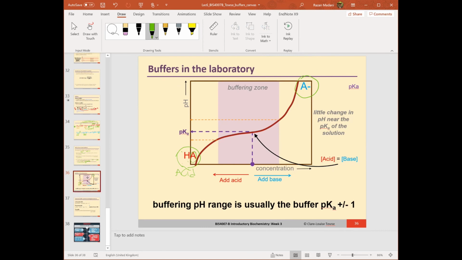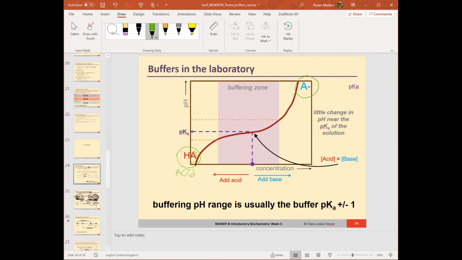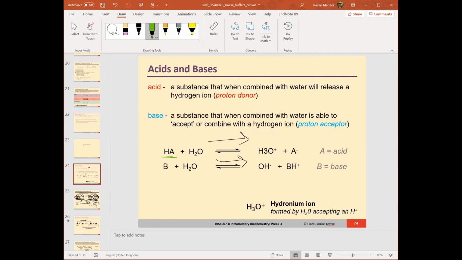Because we're talking about HA, the conjugate pair for HA is the A. Remember, it's the molecule and what happened to it afterwards. It's a pair.